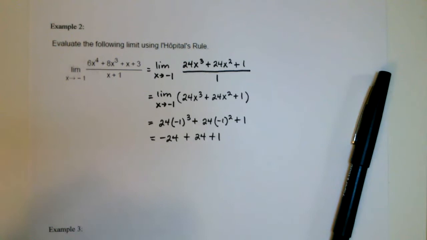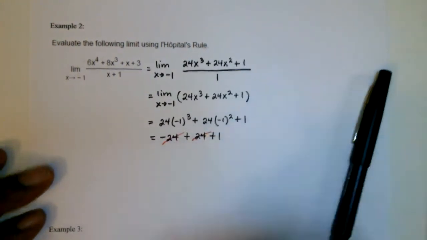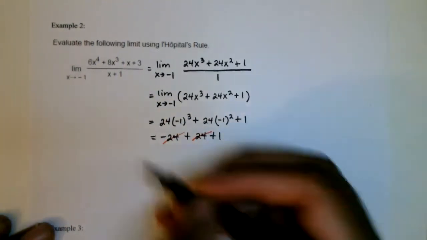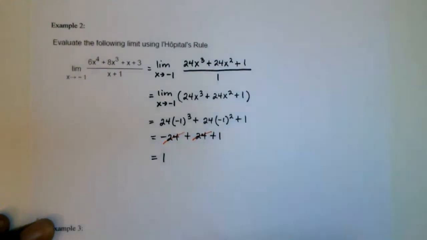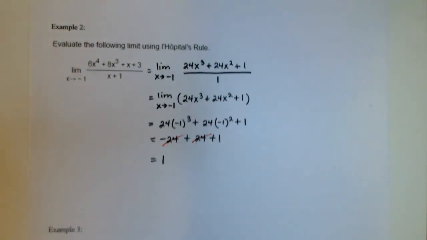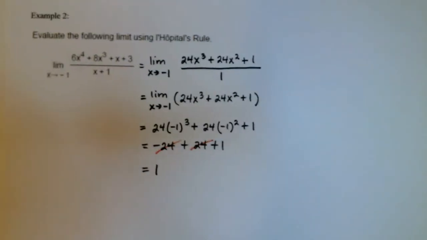And then when I simplify this, of course, negative 24 plus 24 adds to 0, so that's gone. And I'll be left with just 1 as the final answer. So in this case, the limit as x approaches negative 1 of 6x to the 4th plus 8x cubed plus x plus 3 divided by x plus 1 ends up being 1, applying L'Hopital's rule.